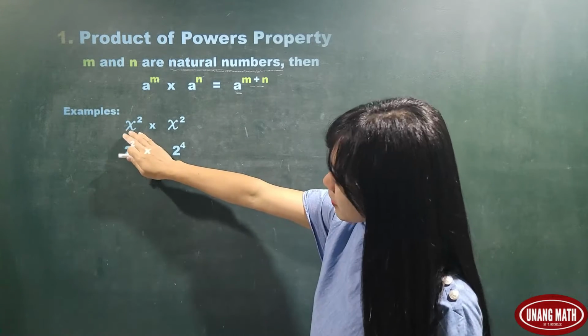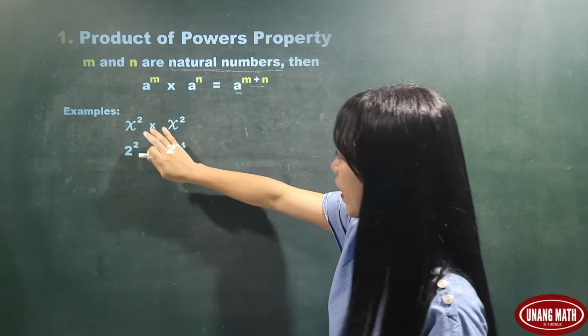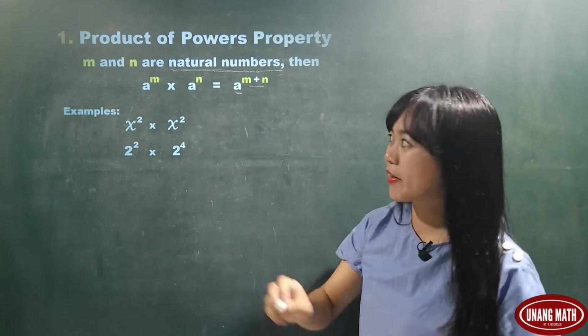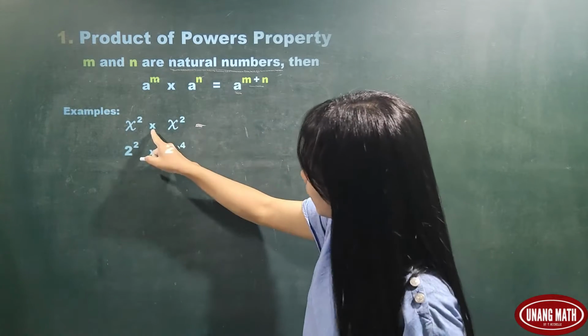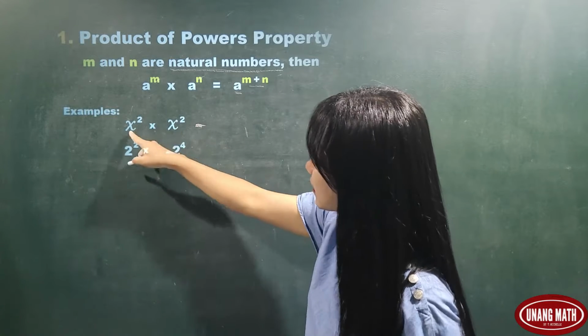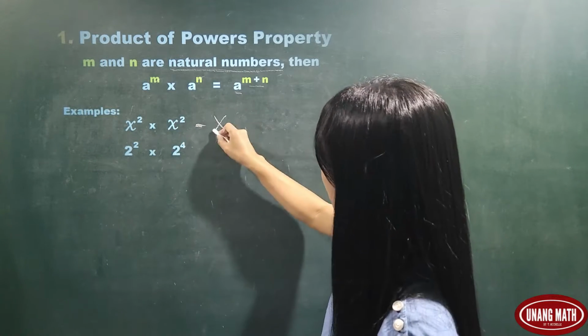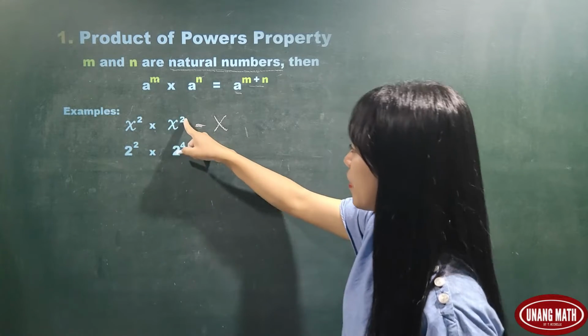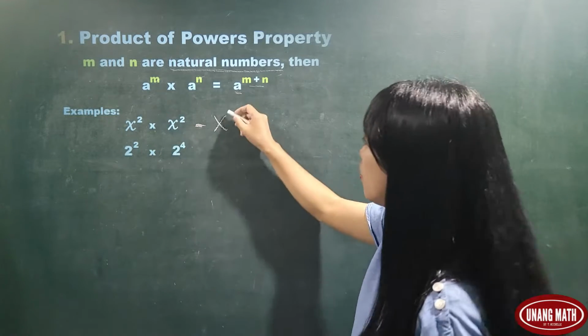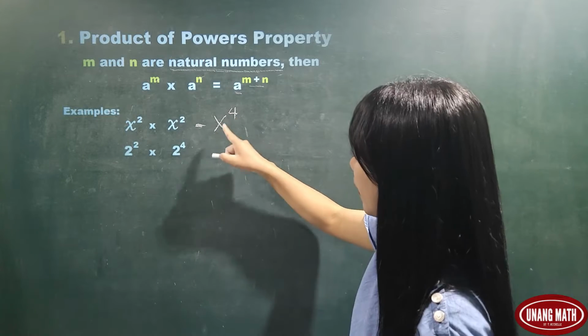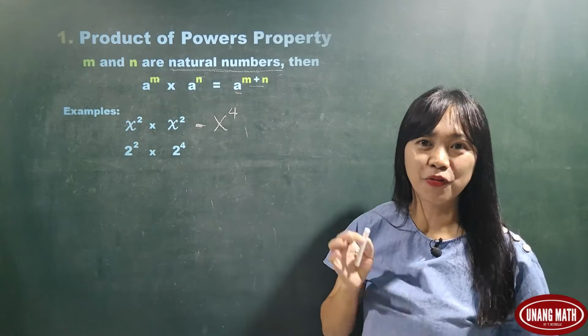Our first example is x squared times x squared. So this is multiplication, same bases. So the rule is, we will just copy the base x, then add the exponents. So 2 plus 2, 4. So this is equal to x raised to the power of 4.